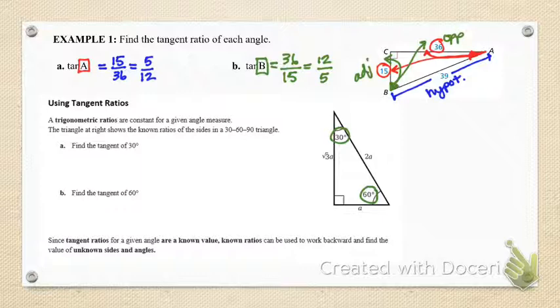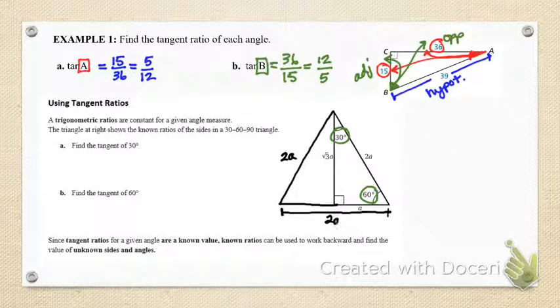So, for instance, this triangle right here is part of an equilateral triangle, where each side of the equilateral triangle was 2a. And because this was an equilateral triangle, all the angles were 60, right?